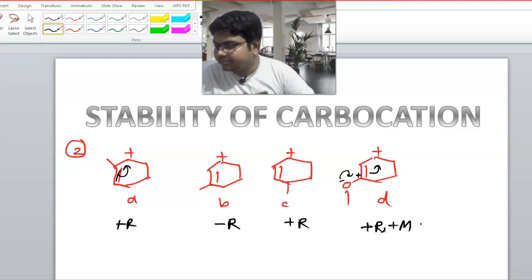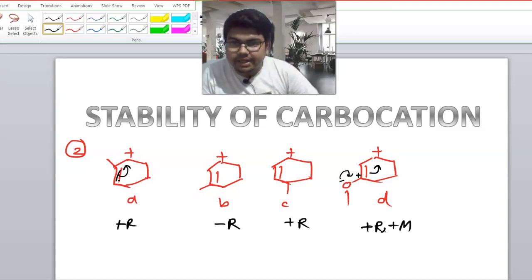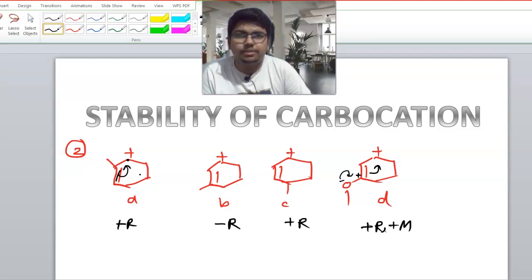And in this particular carbocation, how many hyperconjugative structures are possible? In this carbon, only sp3 carbons contribute to hyperconjugation. If there is a hydrogen on an sp2 or sp carbon, that will not contribute in hyperconjugation, only sp3.